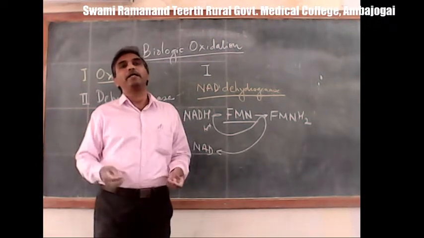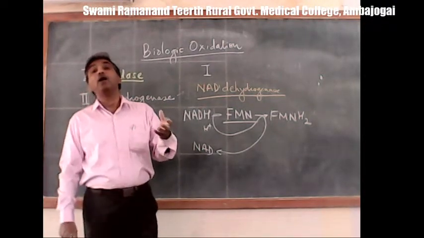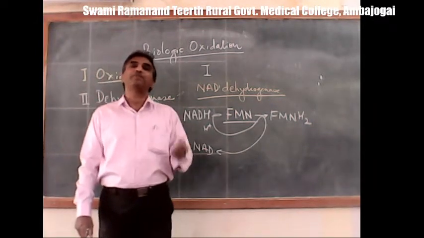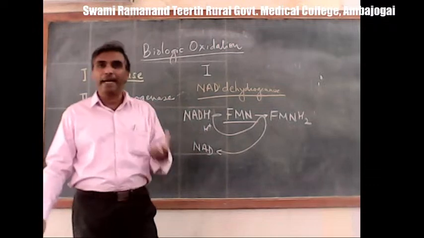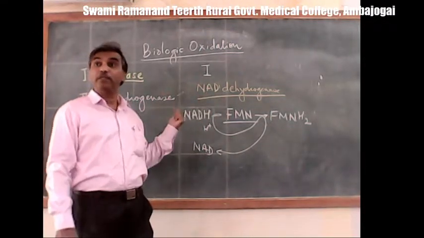Energy is liberated, and that energy is used for the synthesis of ATP. This whole process is phosphorylation, which is coupled with oxidation.